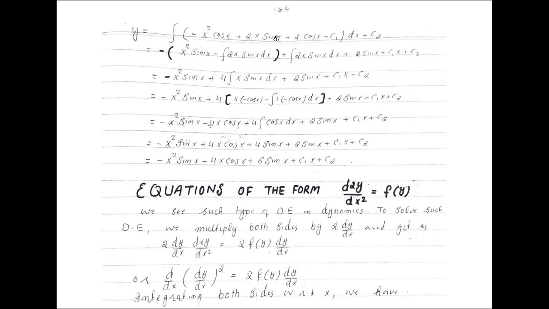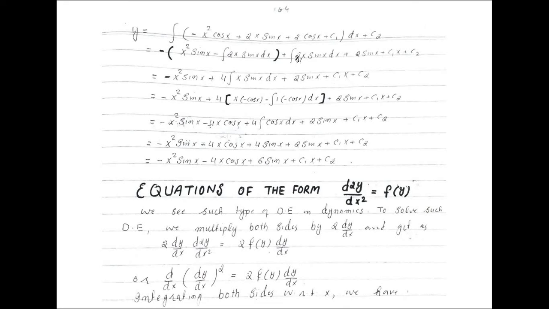Now this integration of this product is here. Now here we see the product of two functions, this 2 and this 2 will be taken out, and this minus and this minus will be plus. So adding these two terms we get 4 times integral of x sine x, and this 2 sine x will be here, c1x plus c2 will be here.